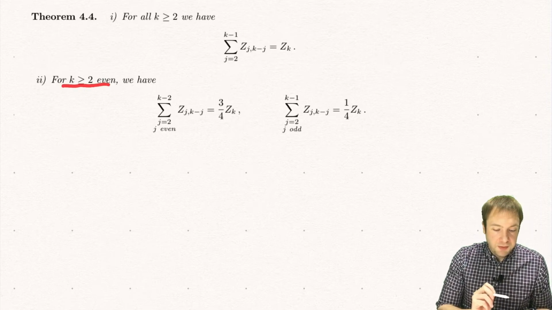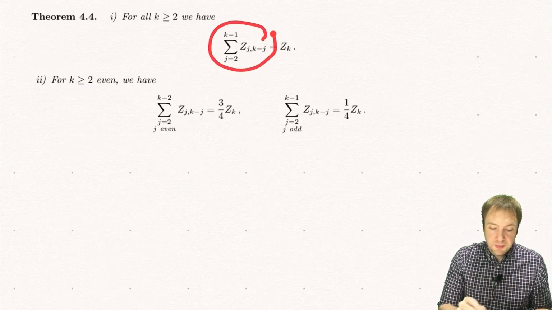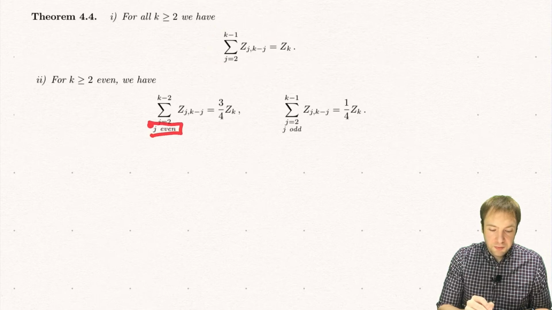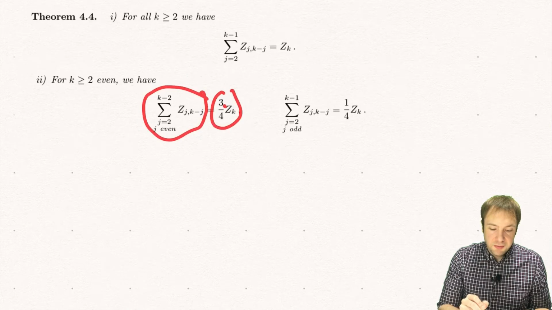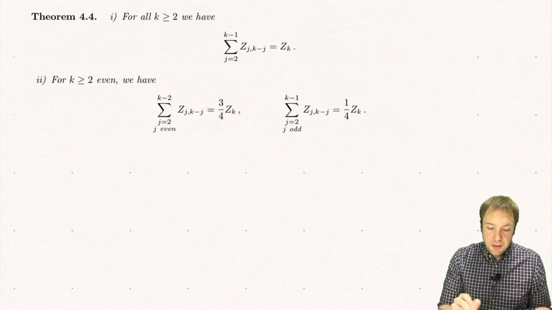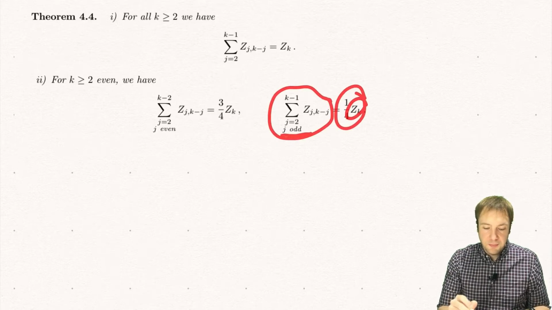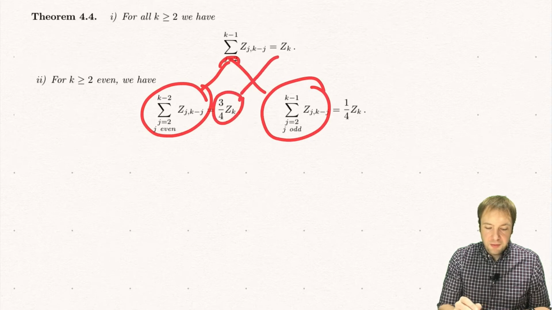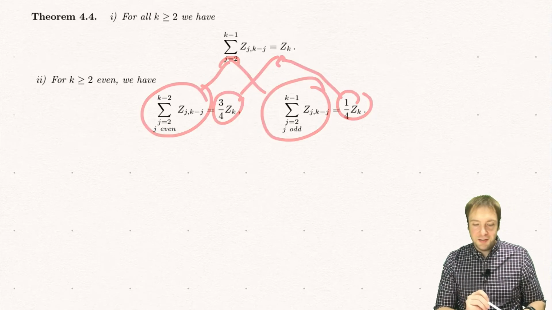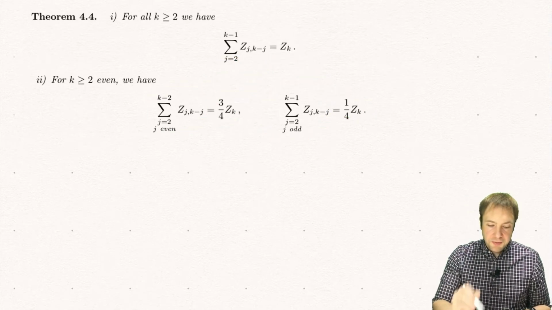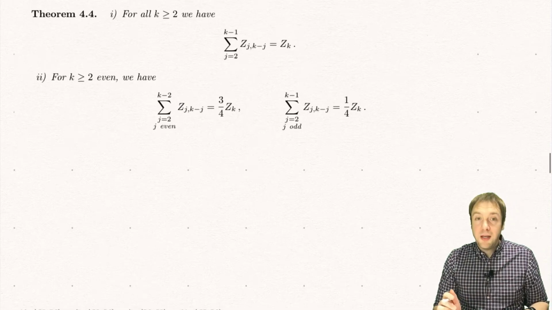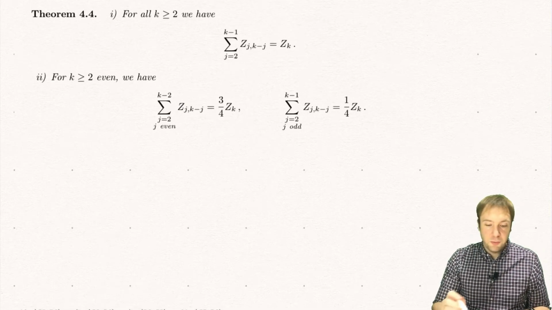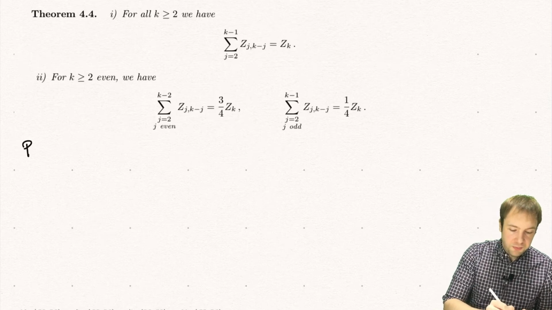And then if the weight is even, we can even split this sum up into the part where the first entry is even, and if we just take those, then this is 3/4 of zk, and if we take those where the first entry is odd, then this is 1/4 of zk. And of course, if we add these two sums, we get 1 times zk. And this theorem we can now prove nicely by using this description with a generating series. So let's prove this.